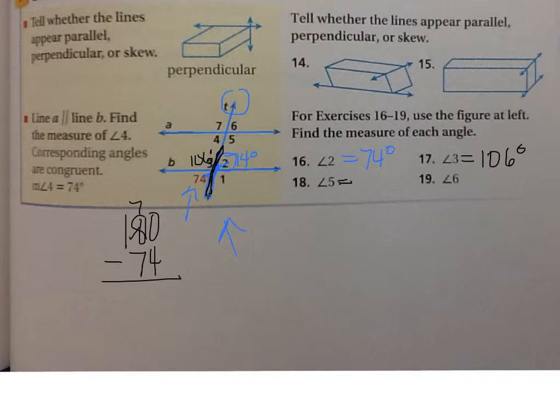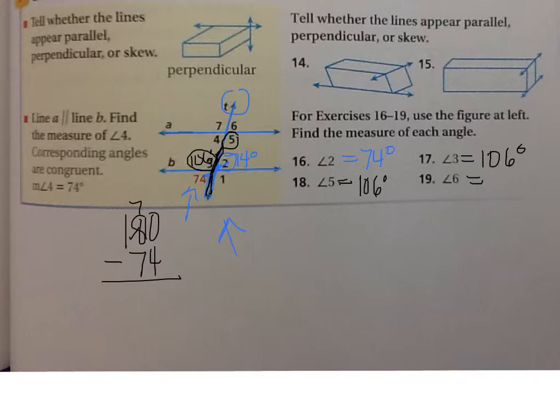Angle 5 is going to be the same as angle 3. Alternate interior angles. Because here's 5, and you go to the opposite side of the transversal, but still inside the parallel lines, it will be the same measure. Okay, so what is angle 5 going to be? 106 degrees, good.